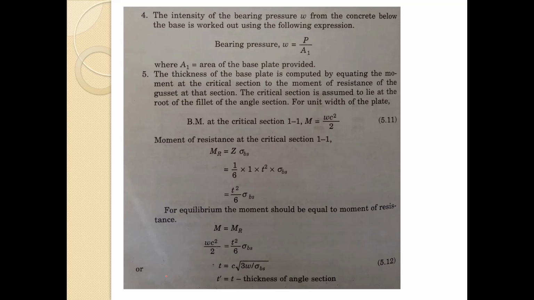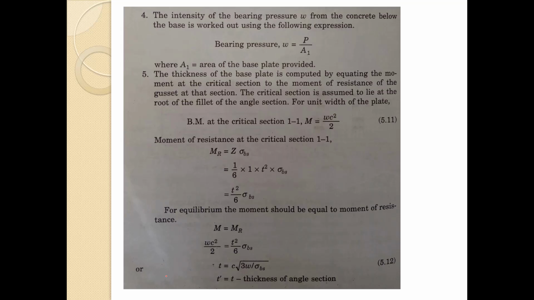The moment of resistance at critical section 1-1, that is MR equals Z into sigma bs. Z is nothing but the section modulus. So that becomes 1 by 6 into 1, which is the width, into T square into sigma bs. So the moment of resistance is T square divided by 6 into sigma bs.